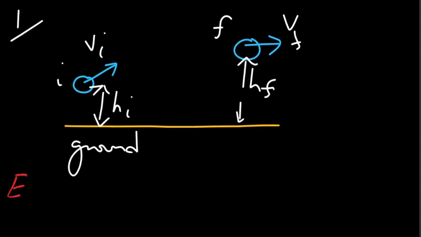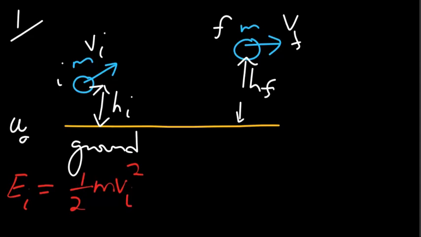What is the total energy of this object when it is at the initial point? There are two forms. If you assume the mass of the object is m, we know the object is moving, so definitely it has kinetic energy given by half m vi squared. Now it is also at some elevated height. I'm going to assume that the gravitational potential energy at the ground is the 0 joule level.